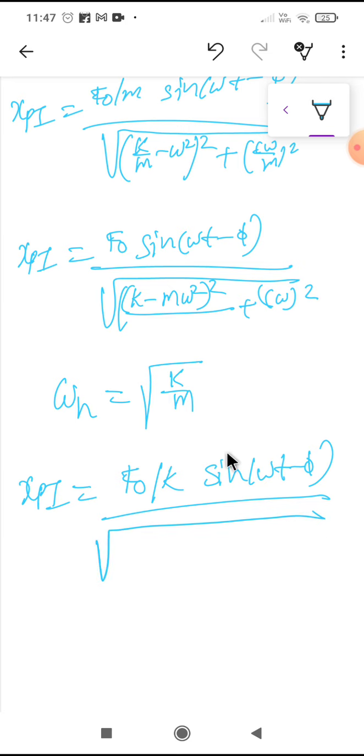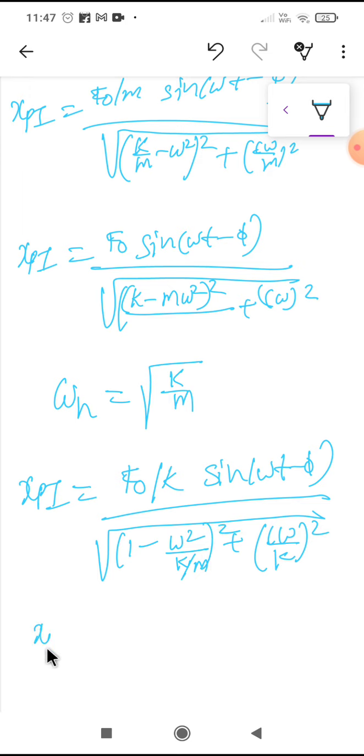So here k is square and root both, so it can come out as k only. So here it will be 1 minus omega square divided by k by m, so that we can write as omega n square. So plus c omega by k whole square, so this is also a whole square.